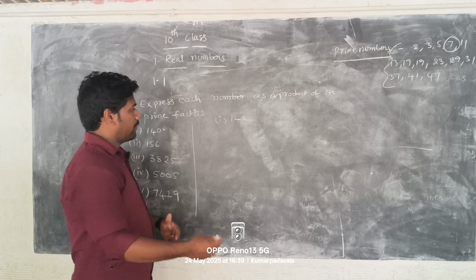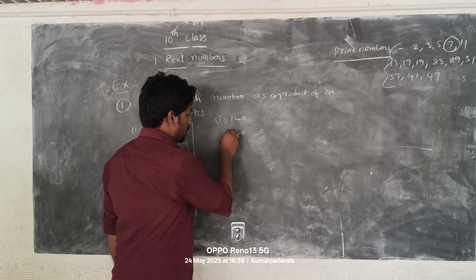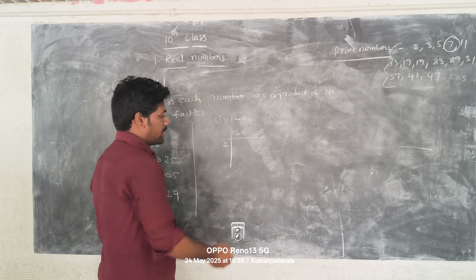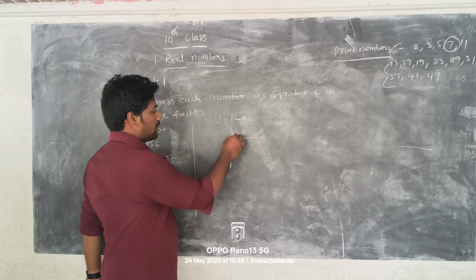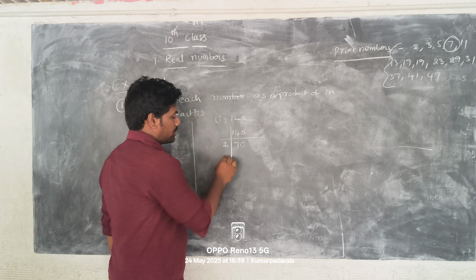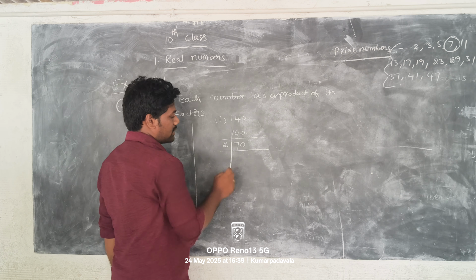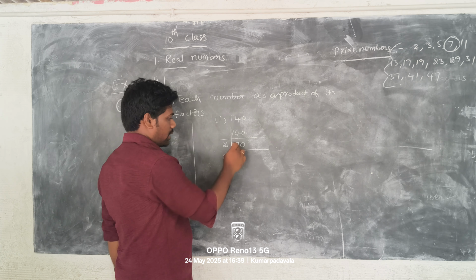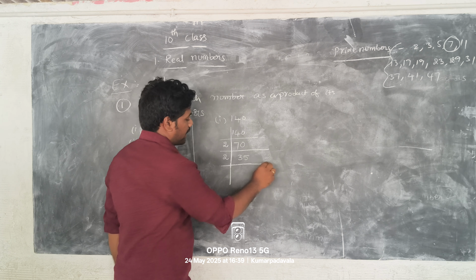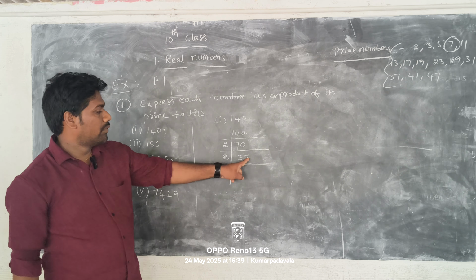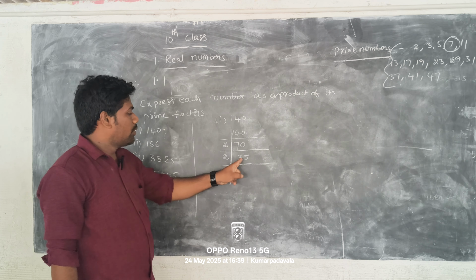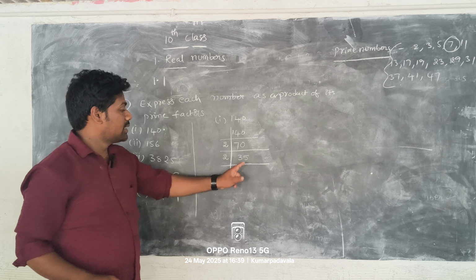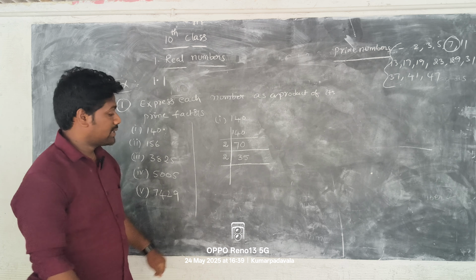Now 35 is not divisible by 2, and not divisible by 3. 35 is divisible by 5. Whichever table divides the number, you take that number on the left-hand side.